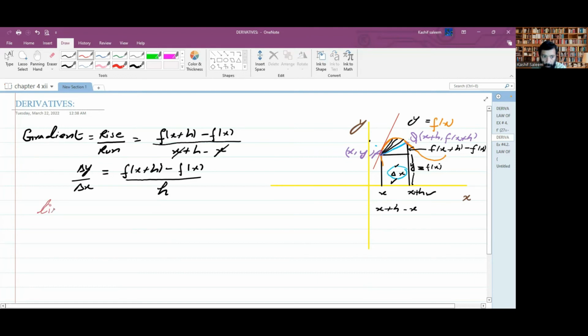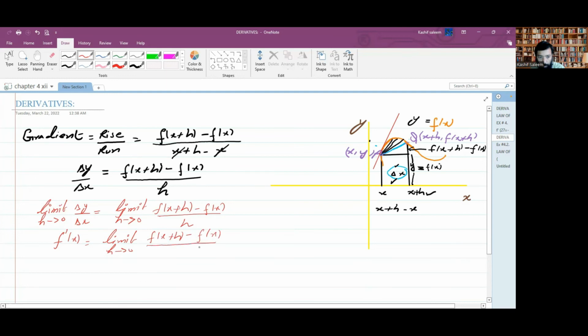So apply the limit as h approaches 0 of delta y upon delta x, which is equal to the limit as h approaches 0 of f of x plus h minus f of x, divided by h. The value on the left-hand side will become f dash of x. So f dash of x is equal to the limit as h approaches 0 of f of x plus h minus f of x, divided by h.